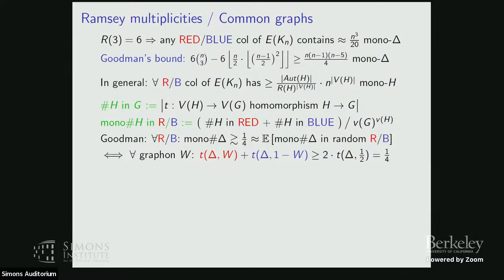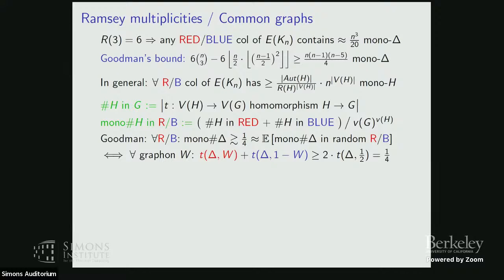So how can one rephrase this result of Goodman to the language of graphons? What would be the analog of a red-blue coloring of a complete graph? Well, you can think that red is my graph and blue is just the complement.